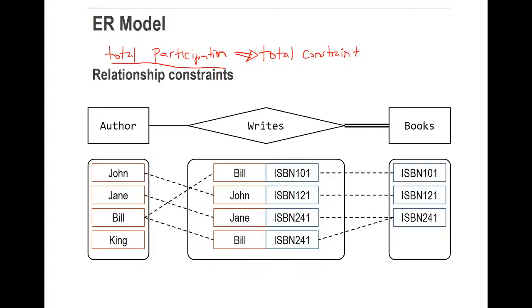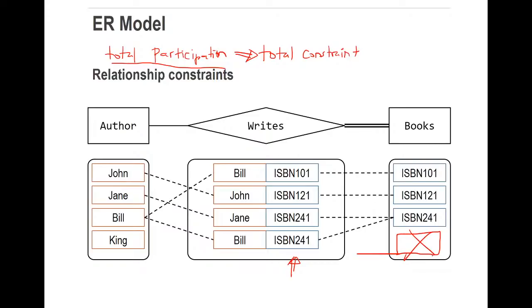Now, in a total participation constraint, you do not have an entity that is not involved in the relationship. So there's no entity over here that does not exist within the right table. So this one is not available. There can never be such an entry.